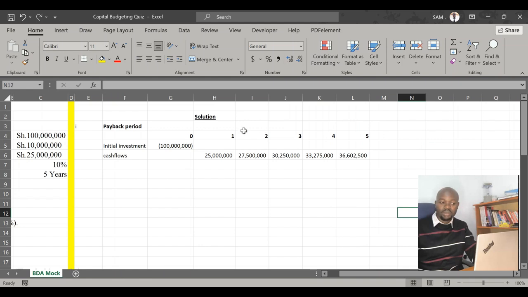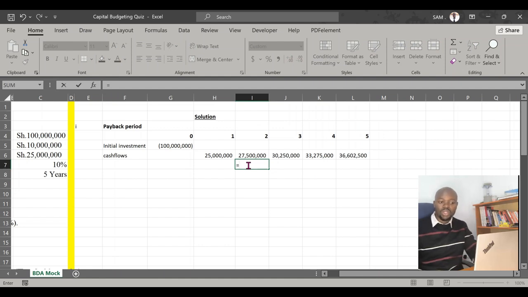That is the first approach. The second way to apply the growth rate, like I just mentioned, is to put an equal sign, take the year two cash flows, then add the 10% growth rate to 100%. That will give you 110%, and you convert it to decimals. What is 110% in decimal? It will be 1.1, right?